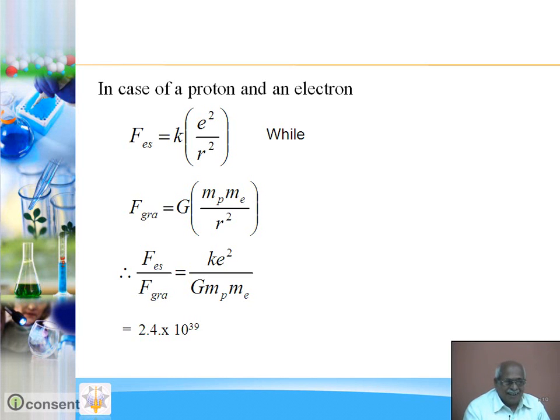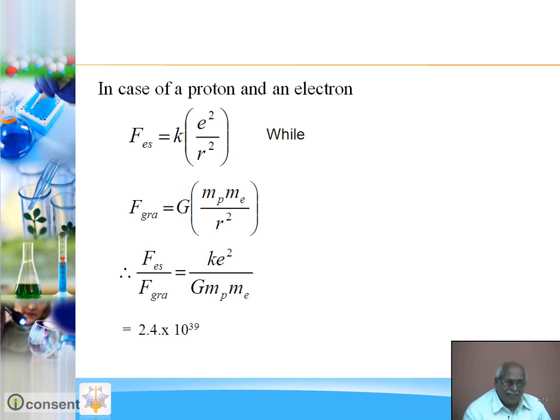You know very well, the charge on a proton is equal in magnitude to the charge on an electron, denoted by small e. So, electrostatic force between proton and electron will be F_ES equal to K Q1 Q2, which becomes e square, so K into e square upon r square.